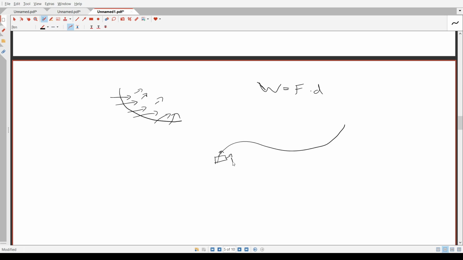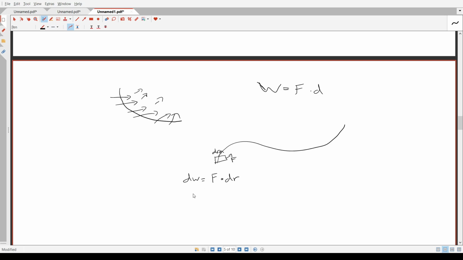Okay, so the vector that I'm pushing it with, that's f. And if it moves a small bit in this direction, I can call that dr. So the work done when the box moves up just a little bit from this force is f dot dr. That's a small amount of work done.